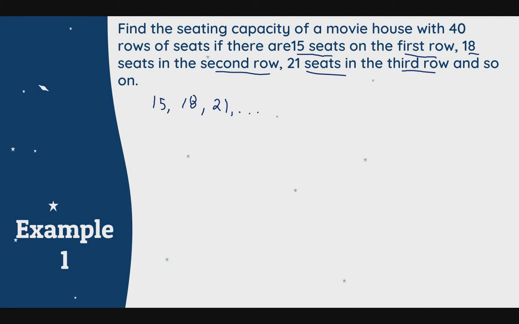To solve this one, we use this formula, the same formula we learned yesterday.